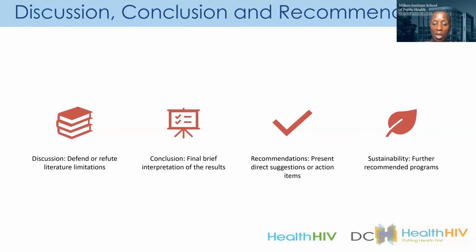So your recommendation, if we're using a quarterly report as an example, could very well be that given the first quarter of the year, you were unable to get the number of Black men who have sex with men that you needed in your focused population due to COVID, perhaps you can do something new in the virtual experience to engage these men about knowledge, skills, and attitudes around HIV prevention, right?